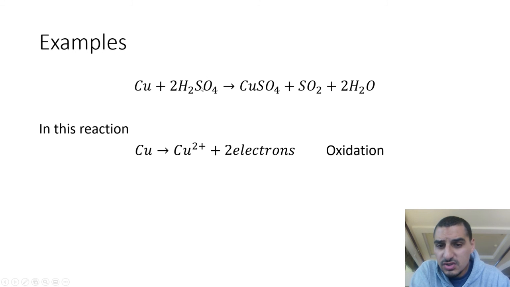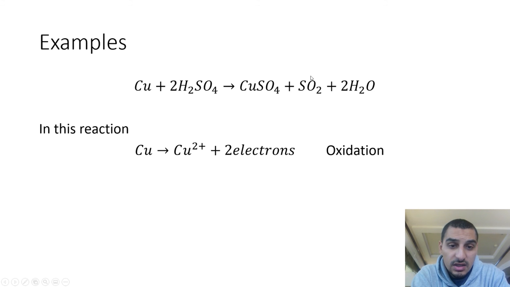It's +6, and again you can check it: you have +2 plus a negative 2 multiplied by 4, which is negative 8. So negative 8 plus 2 makes it negative 6, so sulfur has to be positive 6. The sulfate here is the same as the sulfate there, so I expect the sulfur here to have the same oxidation number as the sulfur in sulfuric acid. So no oxidation or reduction took place for the sulfur from sulfuric acid to copper sulfate.